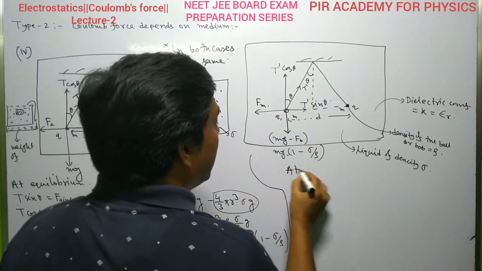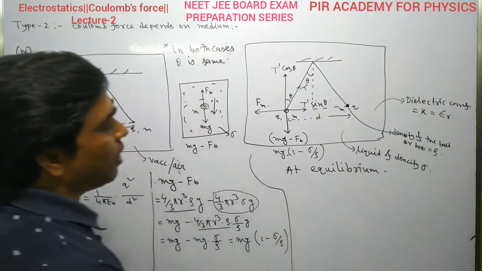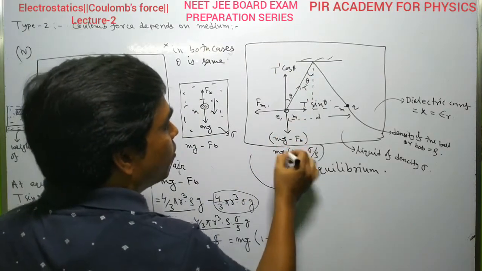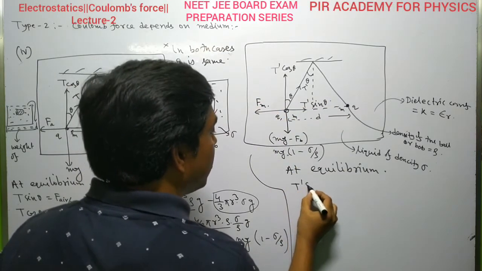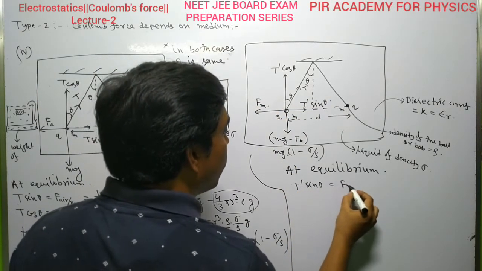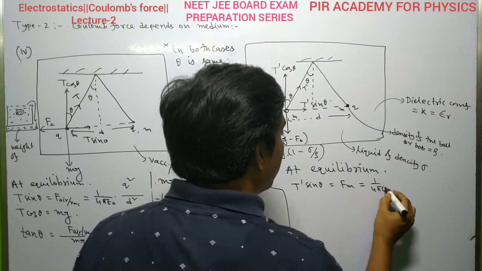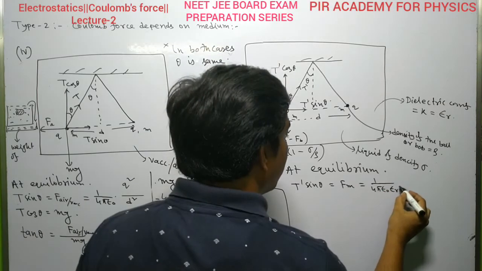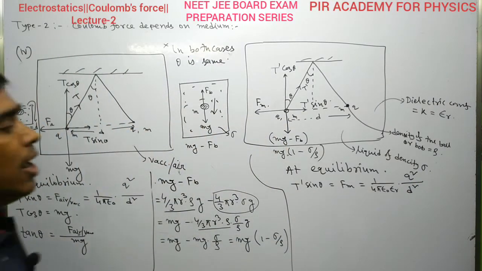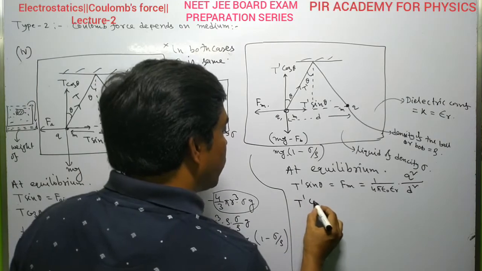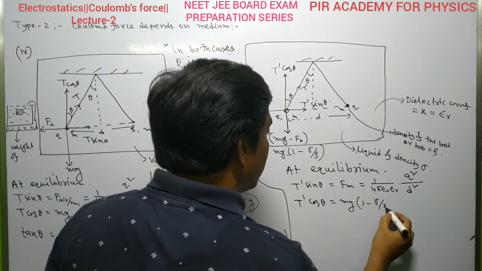At equilibrium, the horizontal components must be equal: T dash sine theta equals F of m, which equals 1 by 4 pi epsilon naught into epsilon r into q square by d square. And T dash cos theta equals mg into 1 minus sigma by rho. These are the two equations. If I take tan theta, then tan theta equals F of m divided by mg into 1 minus sigma by rho.